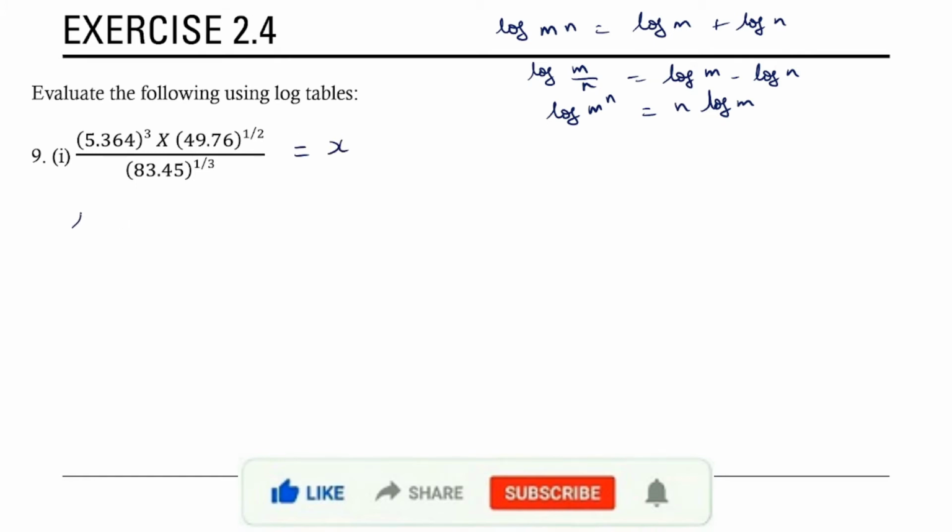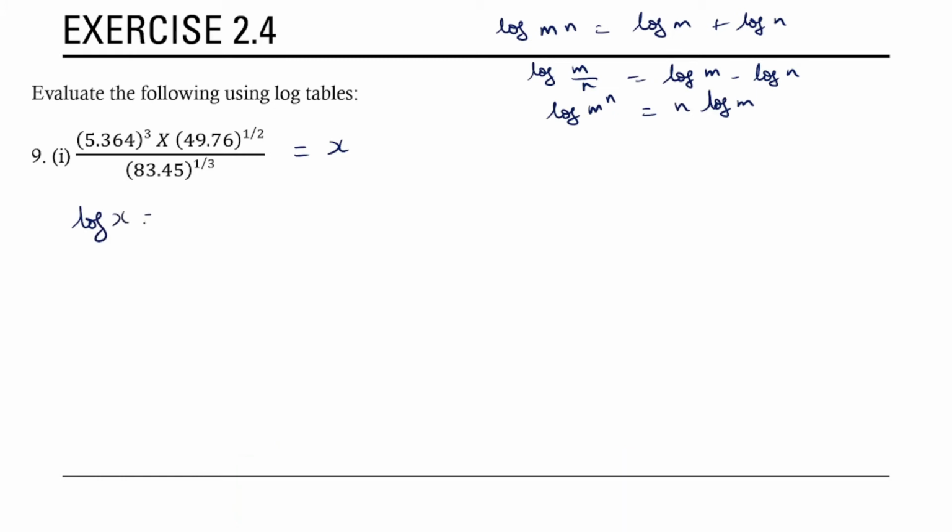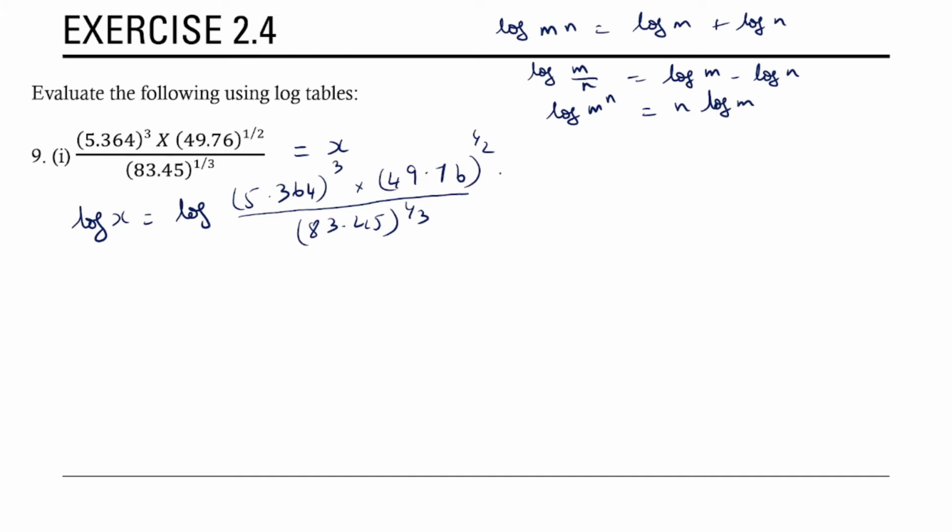Then if we take log on both sides, we get log x is equal to log of (5.364)^3 into (49.76)^(1/2) upon (83.45)^(1/3).